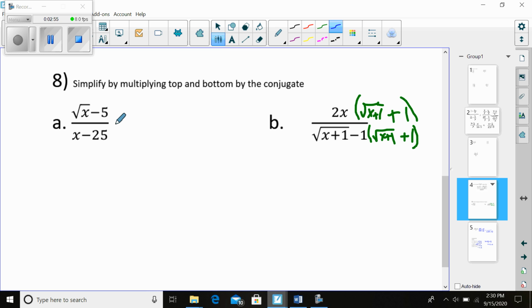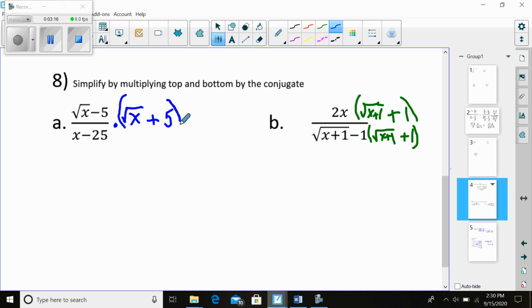Anytime I'm working with expressions involving a radical, I should immediately think of something called the conjugate. The conjugate is the exact same expression except the sign in the middle is opposite. And why might I want to use the conjugate?